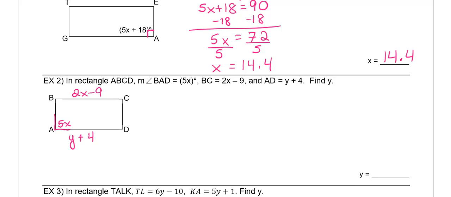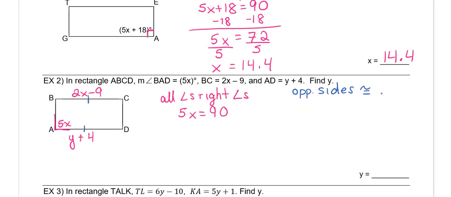One, we are given angle A is 5x, and we know that all angles of a rectangle are right angles. So we know that 5x is equal to 90. And we also are given 2 side lengths, right? We're given the top and the bottom side length. So I know in a rectangle that opposite sides are congruent. So I can write the equation, 2x minus 9 is equal to y plus 4.